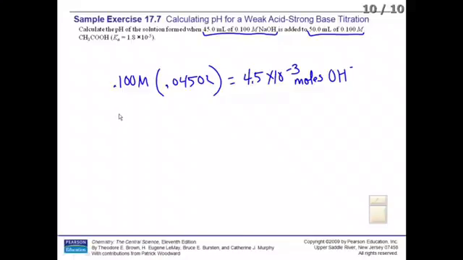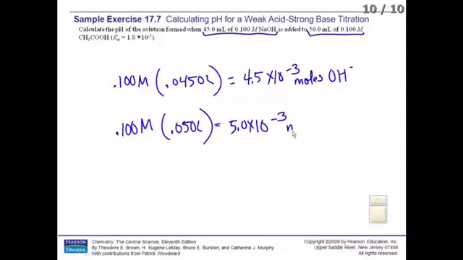Because as you add more of the solution, you're adding more moles. So the concentration is 0.100 molar of the acetic acid, and you've got 50 milliliters, so 0.050 liters. And you're going to get 5.0 times 10 to the negative 3, and now you've got moles of your acetic acid.